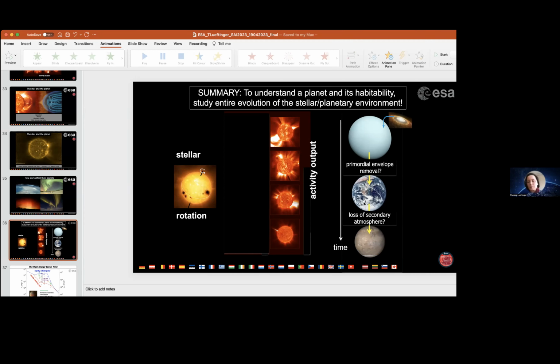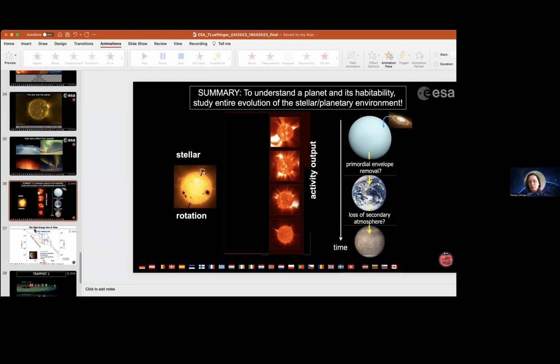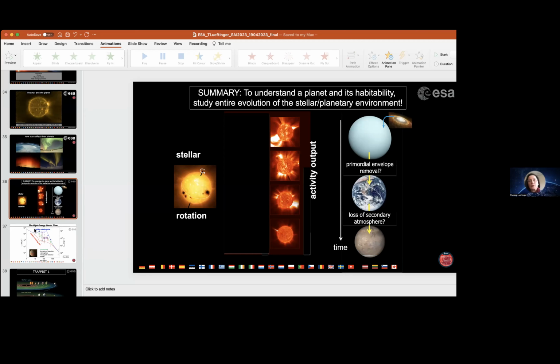The more massive a planet is, the thicker, the denser the atmosphere it accumulates. So there's a lot of interplay between these different factors. And hopefully, a lot of different scenarios might be possible to in the end lead to a habitable planet.